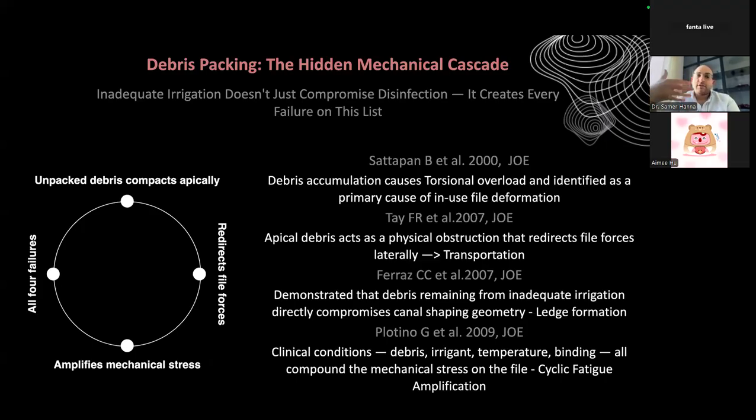Again, the different concentrations of the irrigant affect the metal alloy of the file. If the file is not treated correctly, if it's not chosen right, then it will affect the file, maybe not from the first time of use, but the second or third time of use, and this will cause the file to be weaker and have a higher probability of fracture.